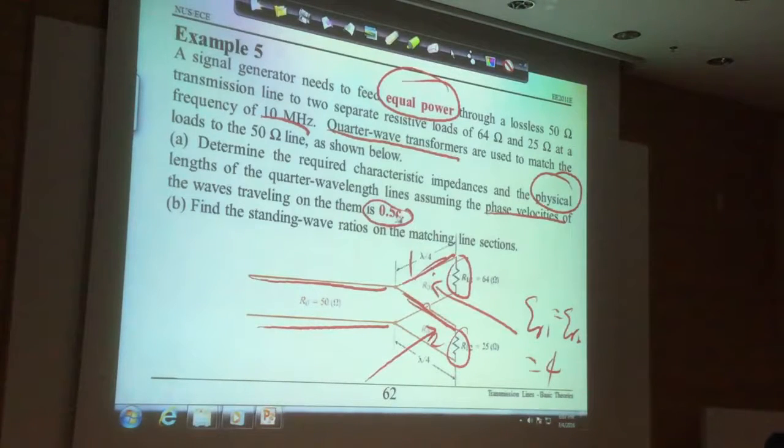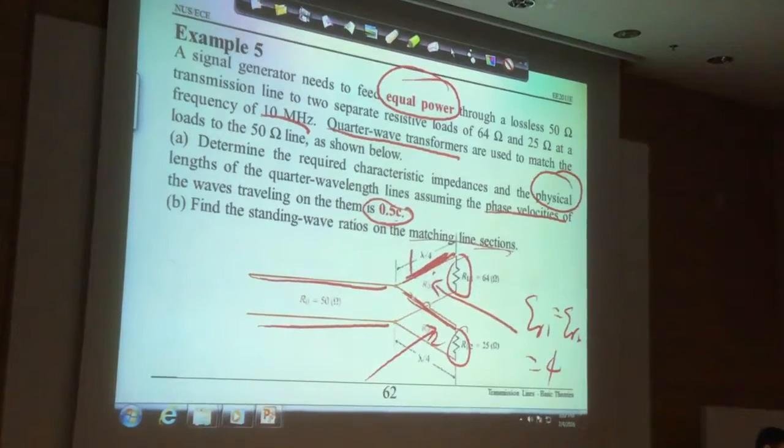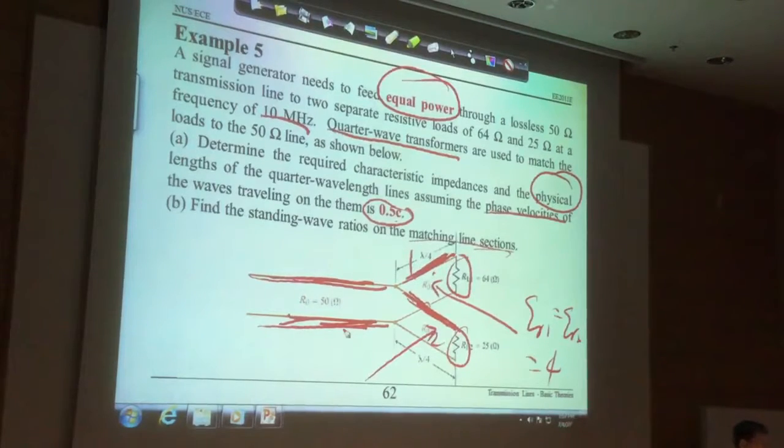Okay, find the standing wave ratio on the matched line, meaning along this transmission line. So after we design this transmission line, along this main transmission line, what is the SWR?